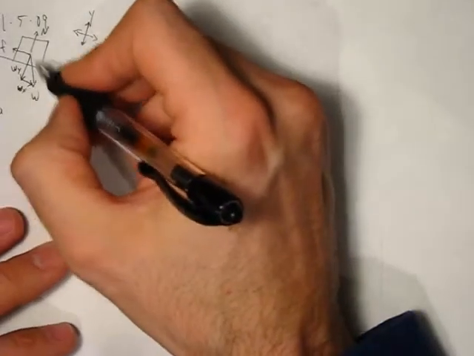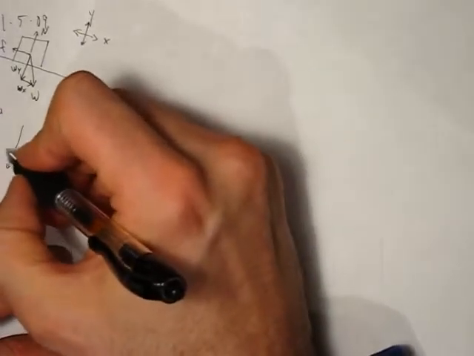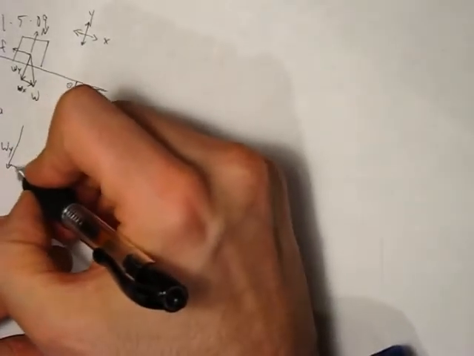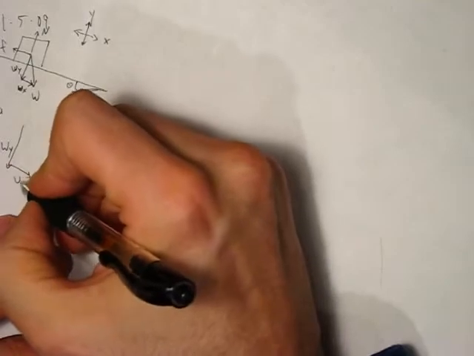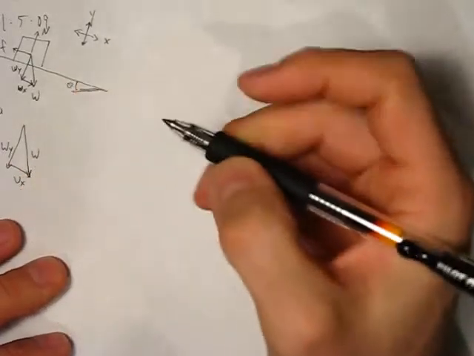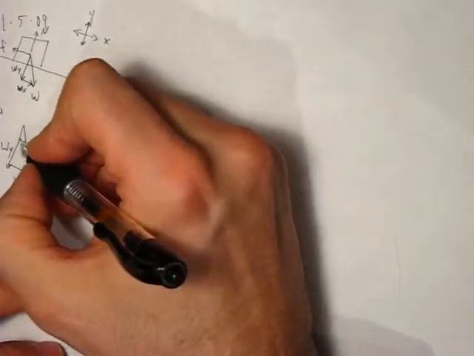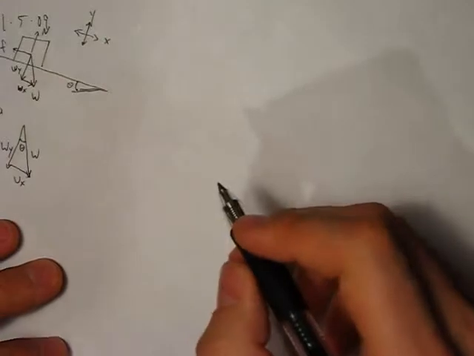But this triangle right here, I'm going to draw that a little bit larger. Wy, Wx, and this is the full W. This angle right here, as we talked about, is also the same as that angle right there.